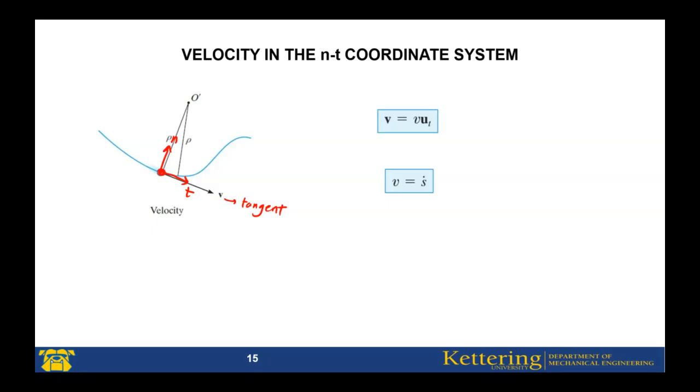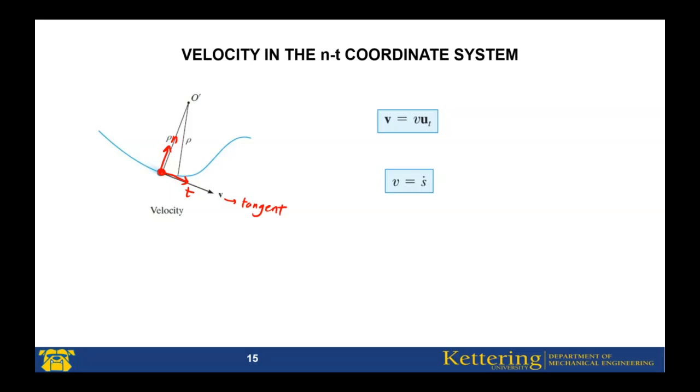Velocity doesn't have any other components along the normal. Because velocity is tangent, it is parallel to t, meaning that velocity is equal to the magnitude of velocity times ut, the unit vector along t. This shows the velocity vector in this coordinate system.